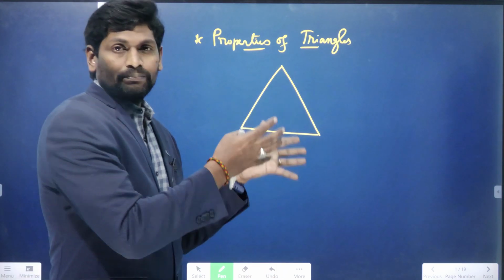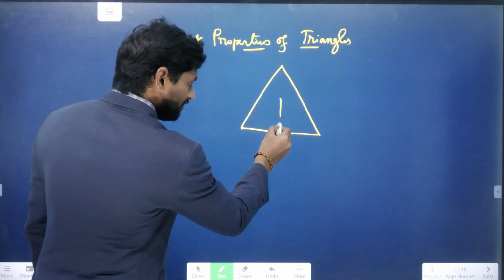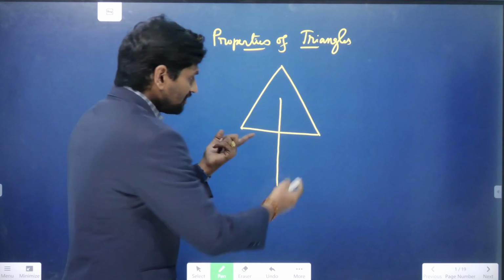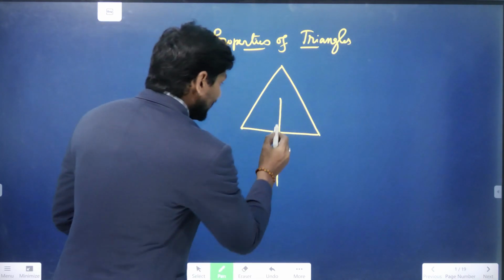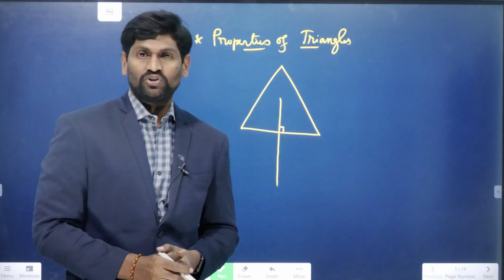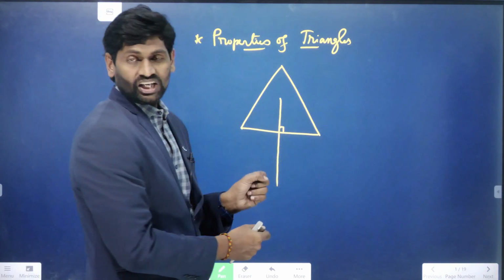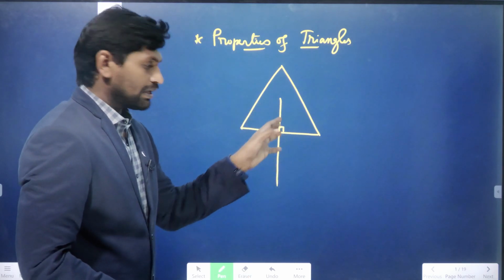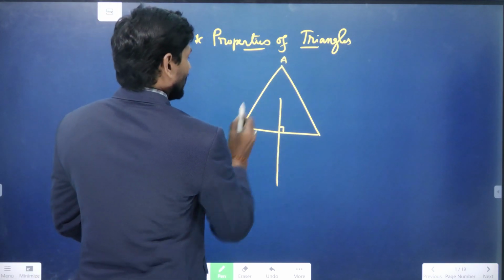So a perpendicular bisector is a line which divides one side of a triangle into two equal parts at a 90 degree angle. This line is called a perpendicular bisector. For one side of the triangle I have drawn one perpendicular bisector. Which side have I drawn?